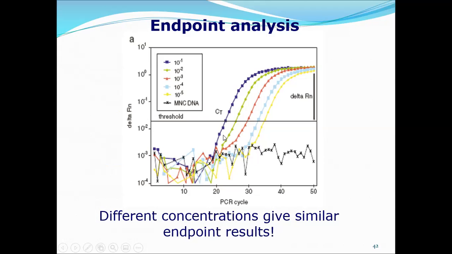When you draw a perpendicular line to that, you can roughly see the threshold cycle for the 10 to the power -1 concentration of sample is around 22. CT is 22. Here CT is 24. Here it is 27. Here it is 31. And here it is 34 or something. So you can see that at the endpoint, most of them reach more or less the same.